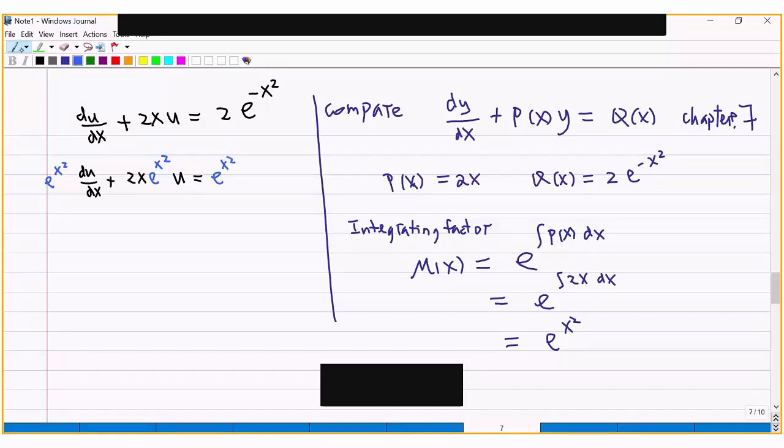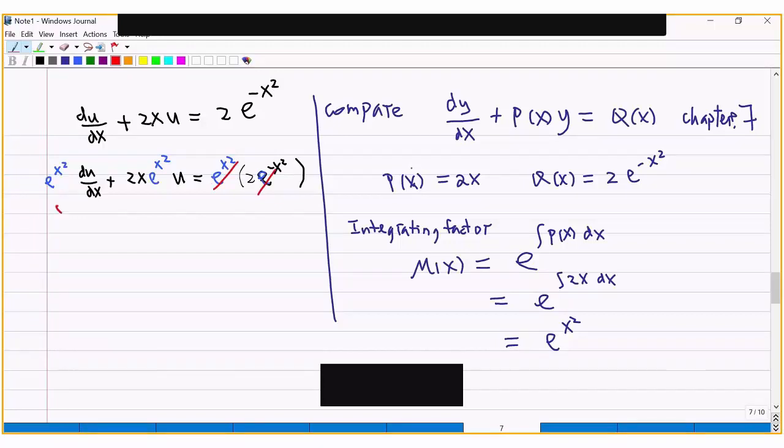And then you are left with 2 times e power minus x squared. Now you find that e power x squared and e power minus x squared obviously cancel each other.